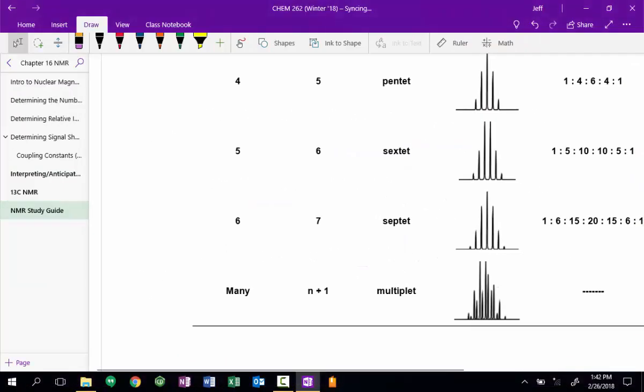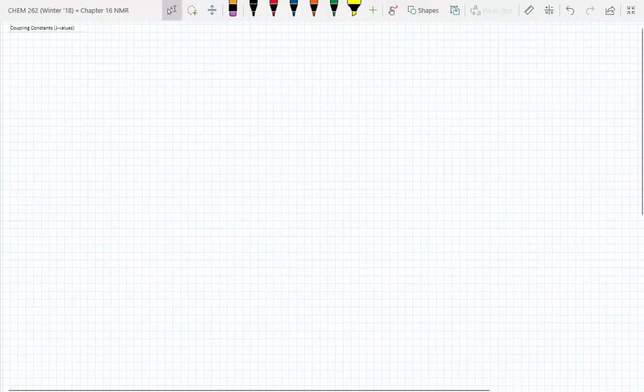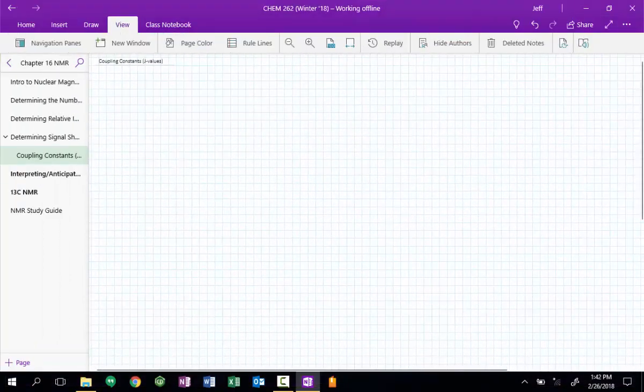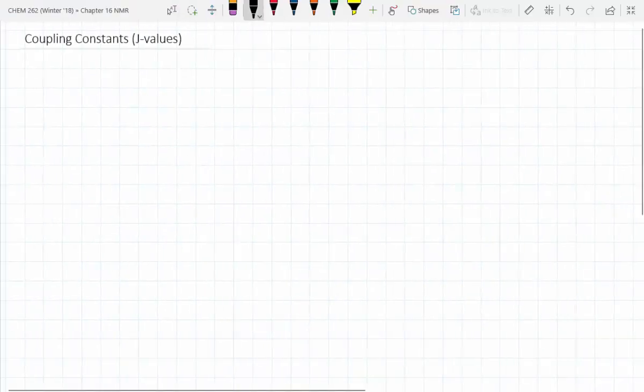So let's go back and talk about signal splitting in a bit more detail. Let me change this a bit. There we go. And let's go back and look at an example. But before we do that, actually, let's define a coupling constant.